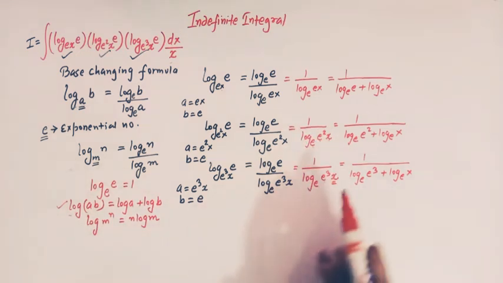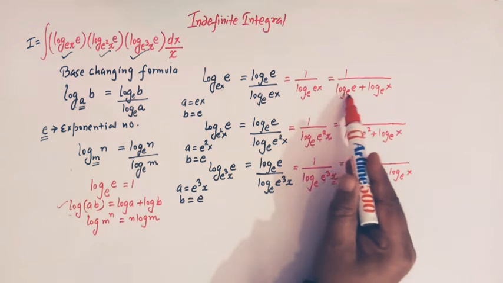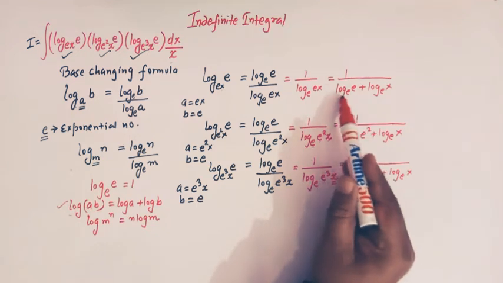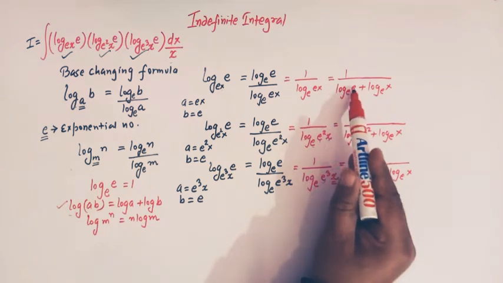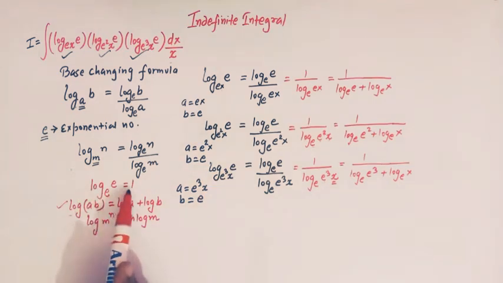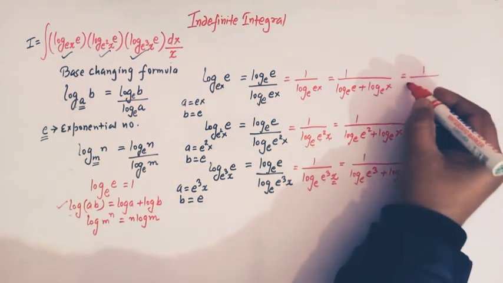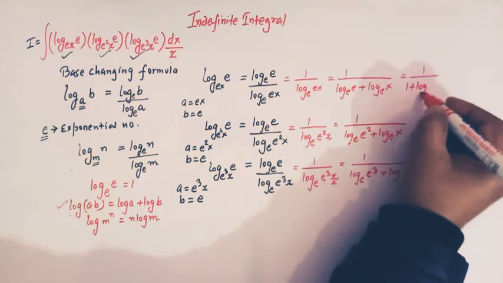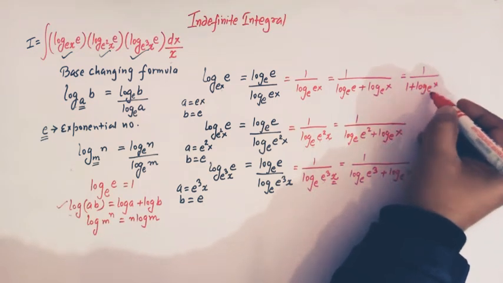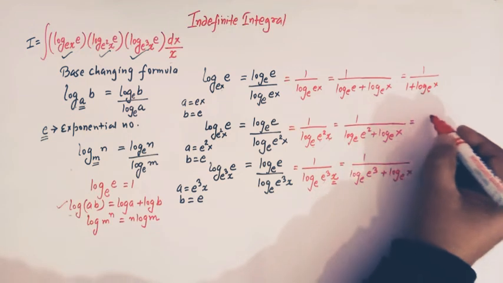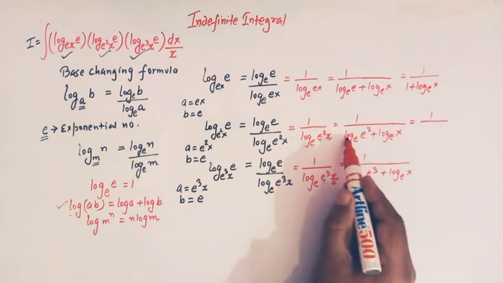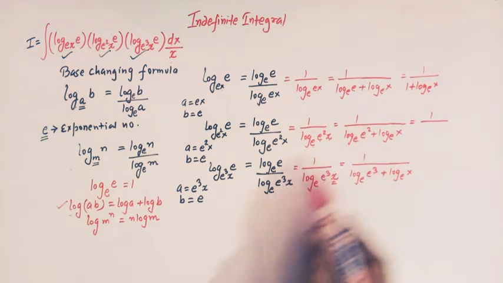So this is how we have simplified these three terms, right? Okay, so now viewers, again we see that here we have log of e to the base e, and that is equal to 1. So we can now write 1 over 1 plus log of x to the base e, and here we have log of e square.